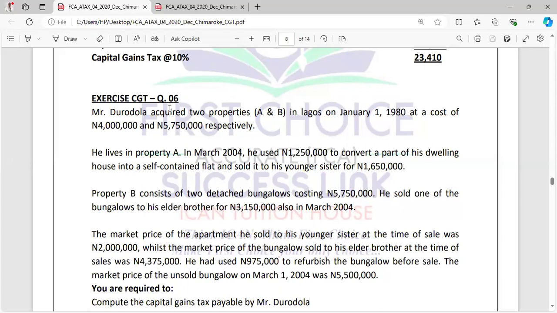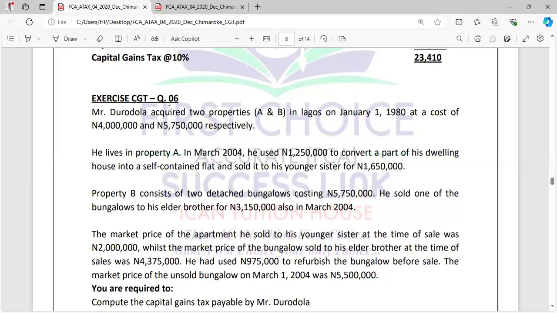The part where he lives is not for commercial purpose. So in March 2004, he used 1,250,000 to convert a part of his dwelling house into a self-contained flat and sold it to his younger sister for 1,650,000.